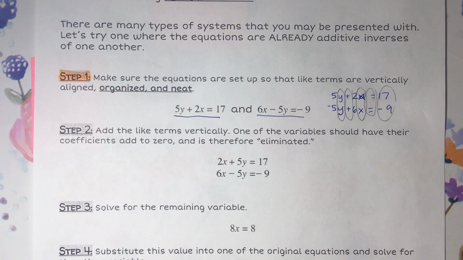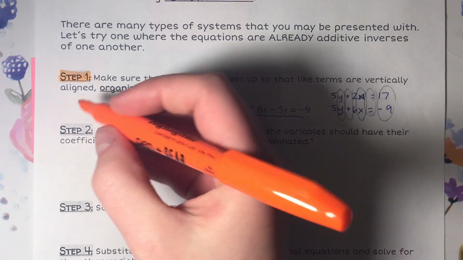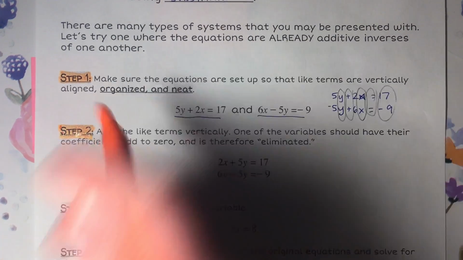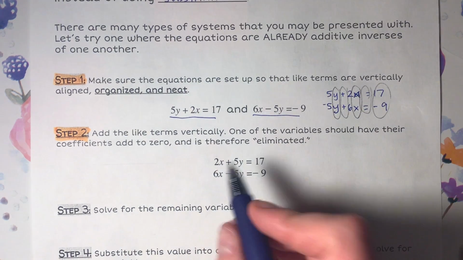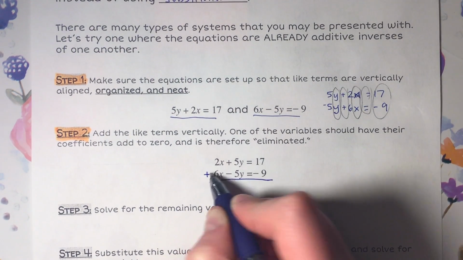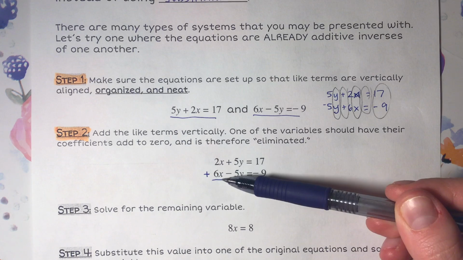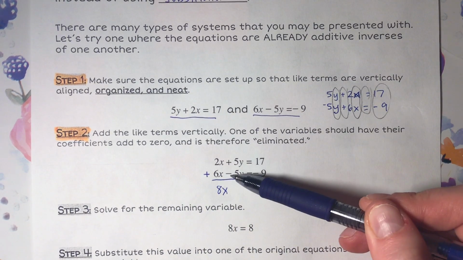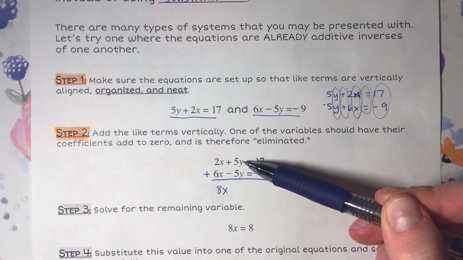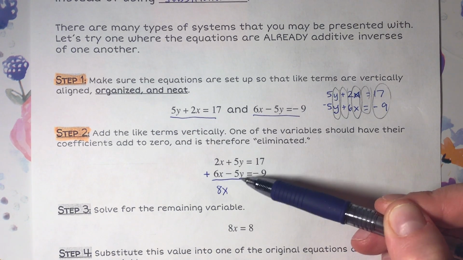After they are all lined up for you, you are going to add the like terms up and down. So after they are all lined up, you add from top to bottom. Here, I'm adding these two equations. So 2x plus 6x equals 8x. 5y plus negative 5y is 0.